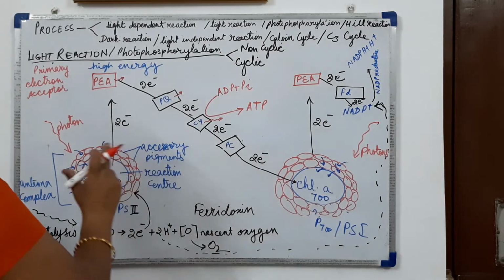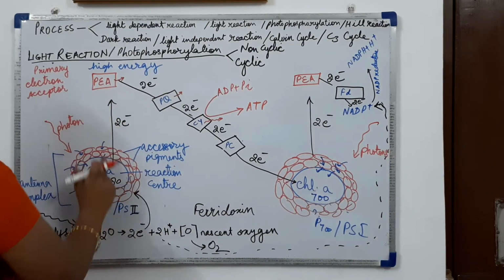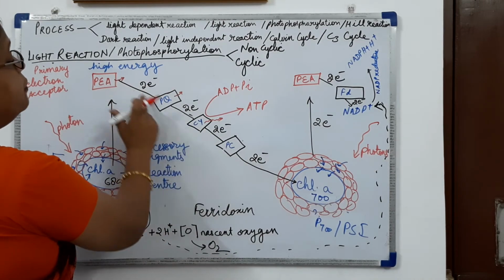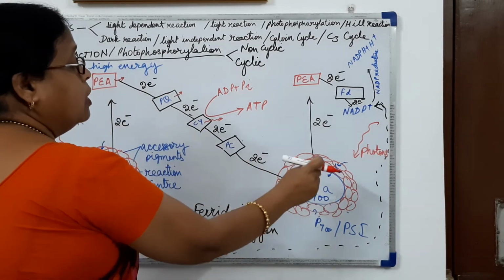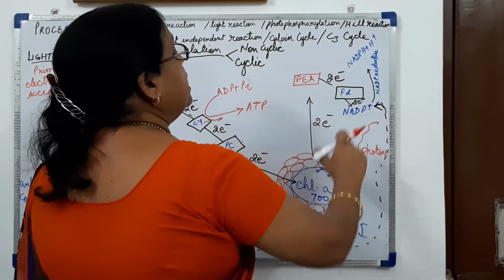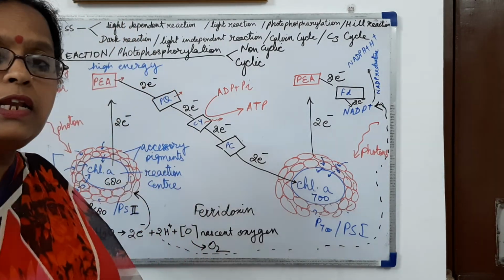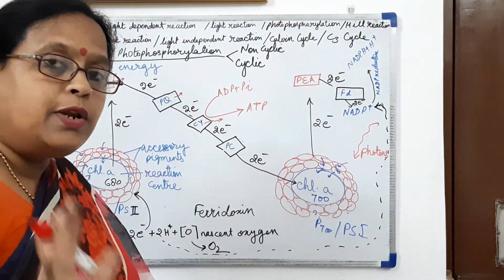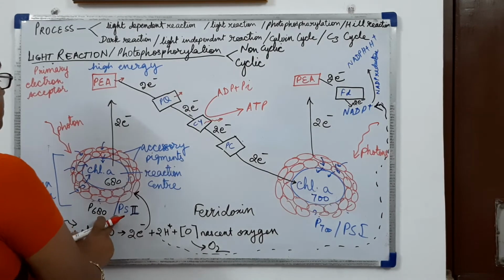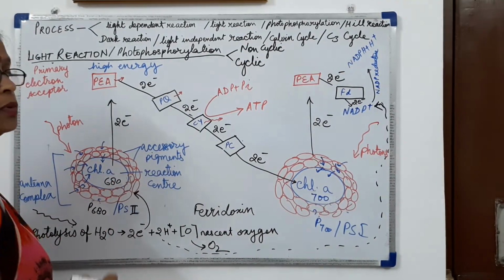Because the electrons which are released from pigment system 2, they pass through different electron acceptors, go into pigment system 1, then again pass through electron acceptors, and then finally reach into NADPH. But they are not returning back to chlorophyll A of pigment system 2.